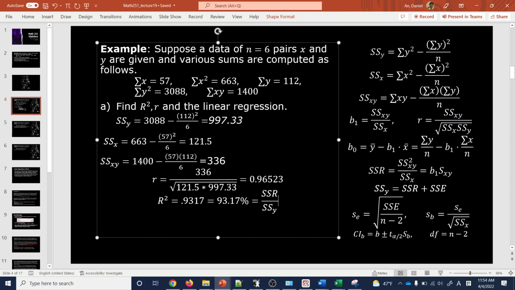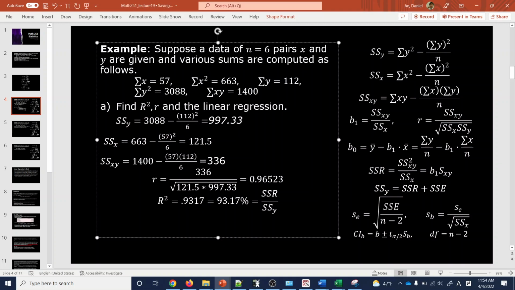Just from the fact that the data follows the regression, you can estimate that the variance of y has to be that much. And 93% of it is explained by that. I haven't found a linear regression yet.